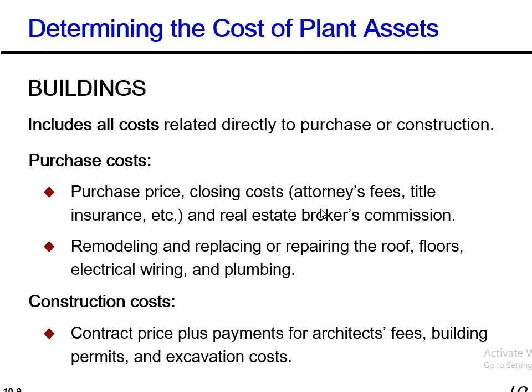But most of the time we do remodeling or some renovation in the building, like painting, removing the broken stuff, putting in new stuff, installation of roof or floors, electric appliances, wiring, or plumbing work. All of these costs, if you incur them, you are also going to add into the cost of your building. So altogether, these will be the cost of building.